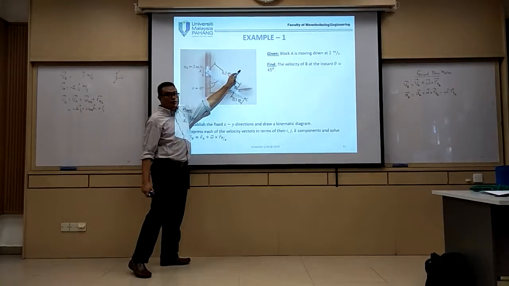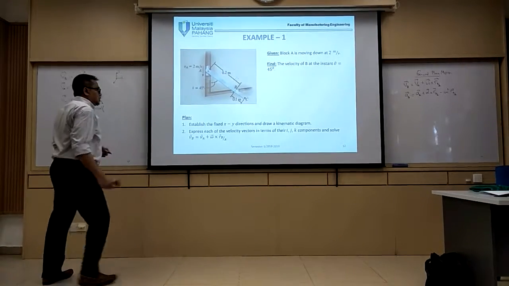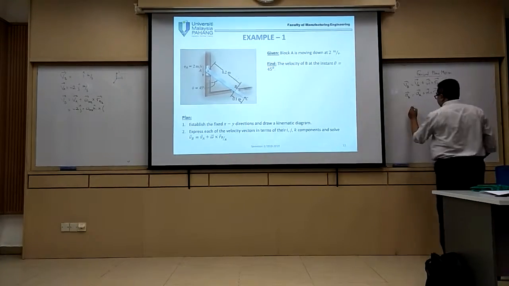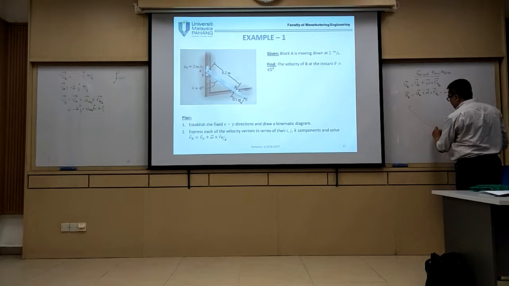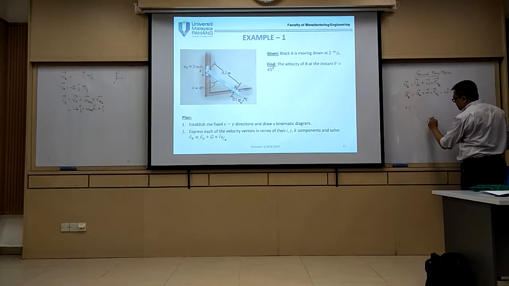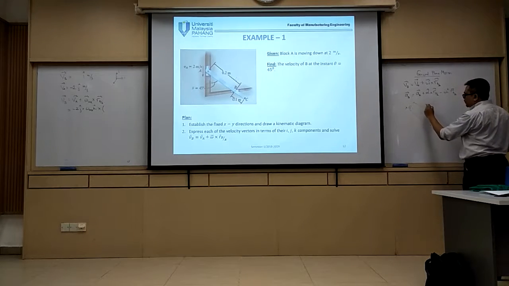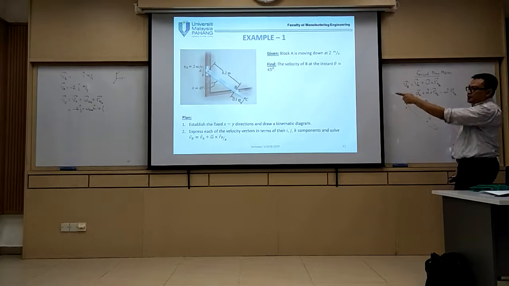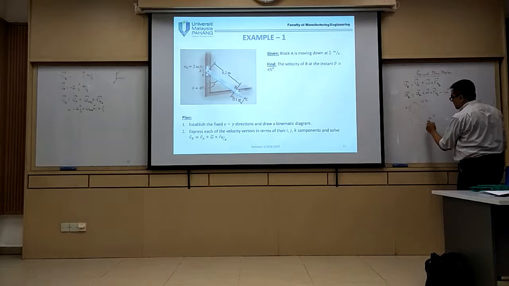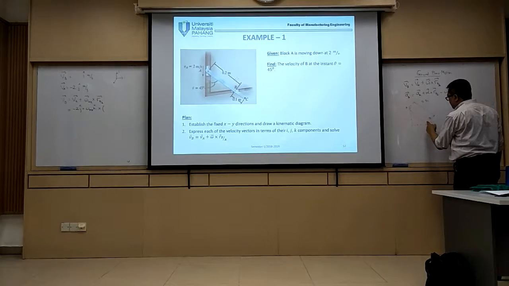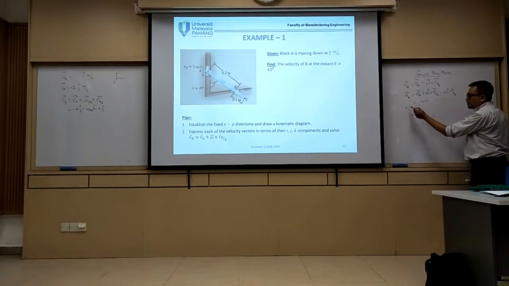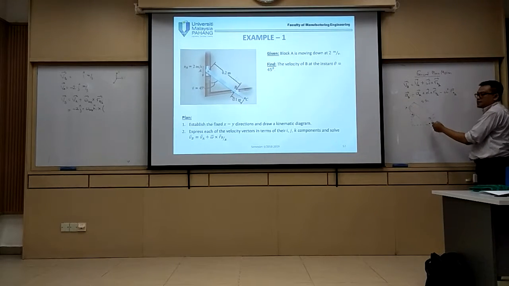This is the rigid body, right? This is point A, this is point B. This line is 0.2, and we have the angle 45. So you have to find the component of I and J.